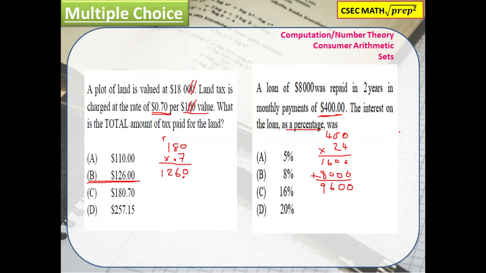So for the 24 months, which is 2 years, how much would be repaid is 9,600. So therefore, when I subtract 8,000 from it, the number that was borrowed in the first place, right, is 1,600. But what happened is that they want this answer, 1,600, as a percent of how much was borrowed in the first place.